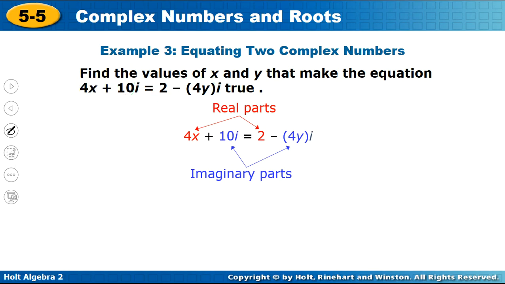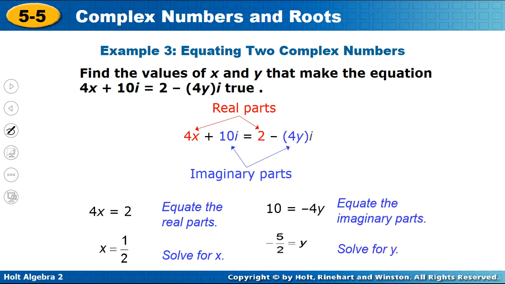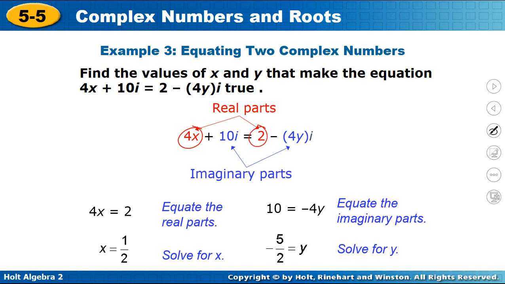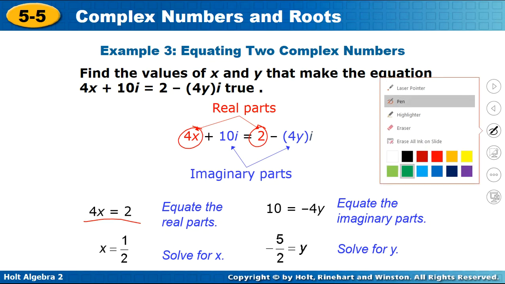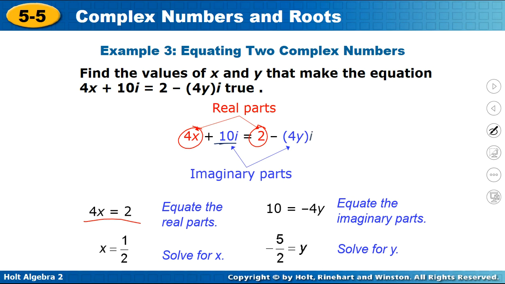I'm going to erase it because it's going to be on the slide anyway. But equate the real parts together and equate the imaginary parts together. So just to go back over this problem, you see here they outlined these are the real parts, 4x and 2, so they set them equal to each other. And they emphasize the imaginary parts, the 10i and the negative 4yi.